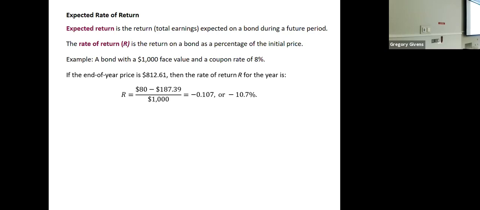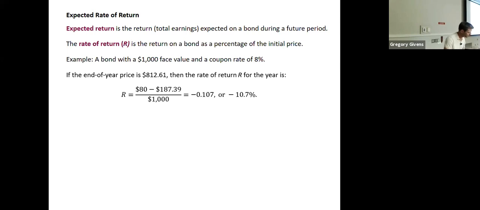You bought the bond for $1,000, but you sold it for $812.61. And so your capital loss was $187.39. We divide that by 1,000 and we get negative 10.7%, right? So in this case, where the bond price fell by a substantial amount, the 1-year holding period rate of return was close to negative 11%.